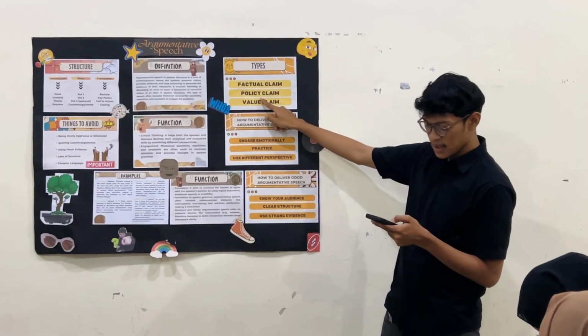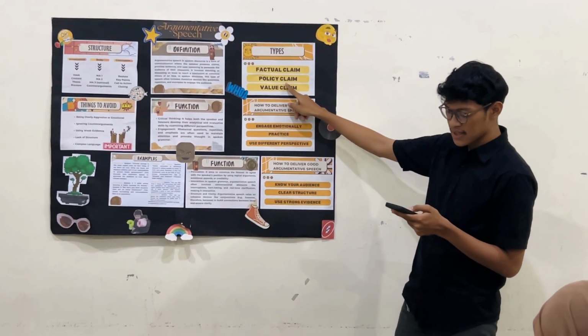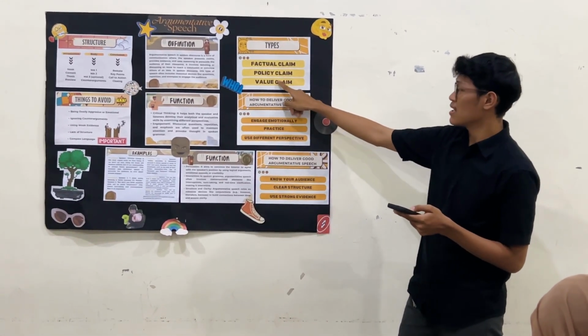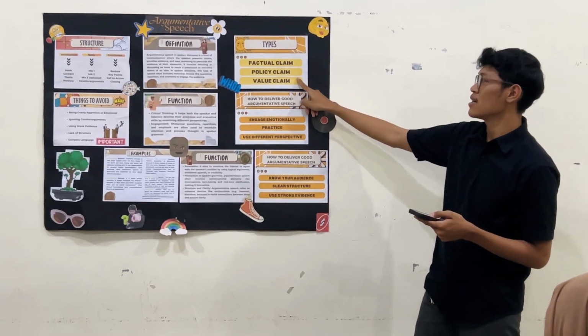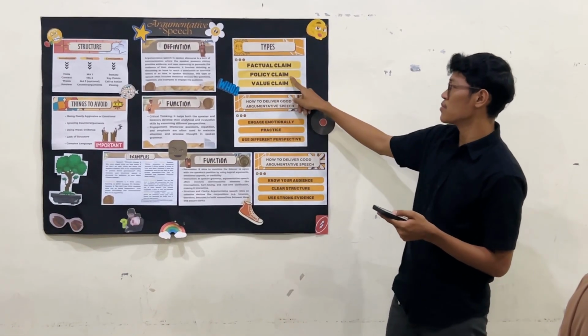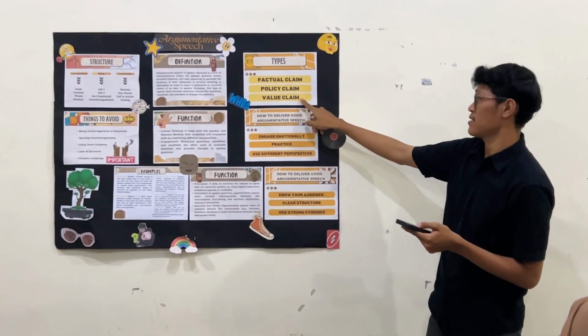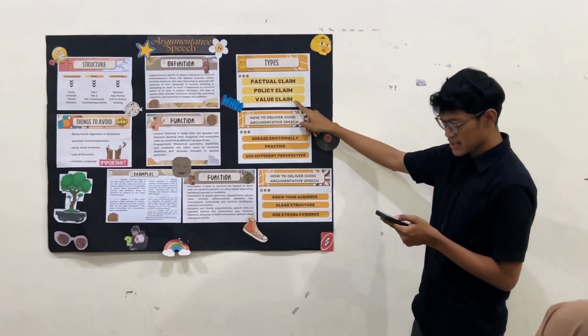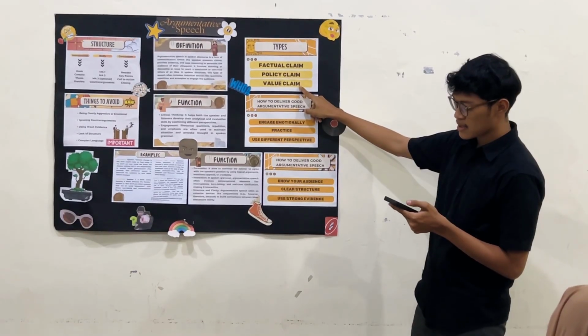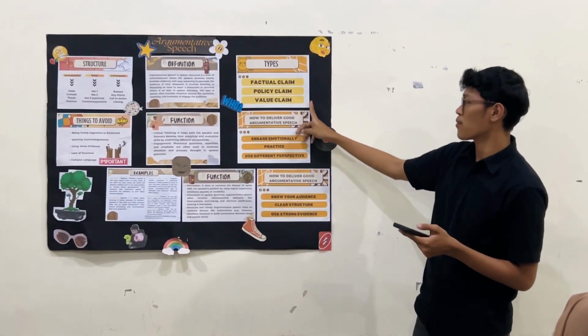For example, schools should teach students about mental health, or plastic bags need to be banned. For the value claim, as I said before, it is about right or wrong.